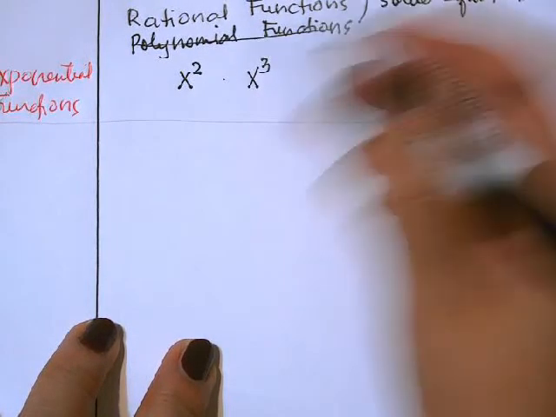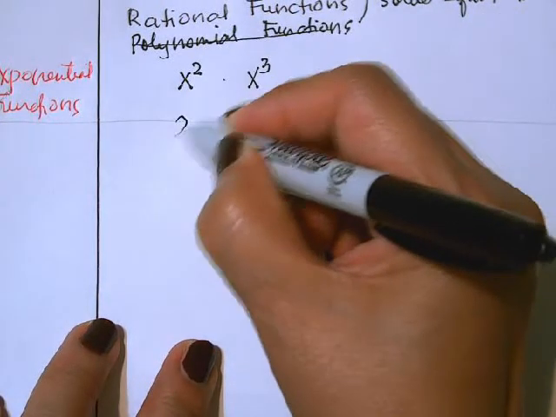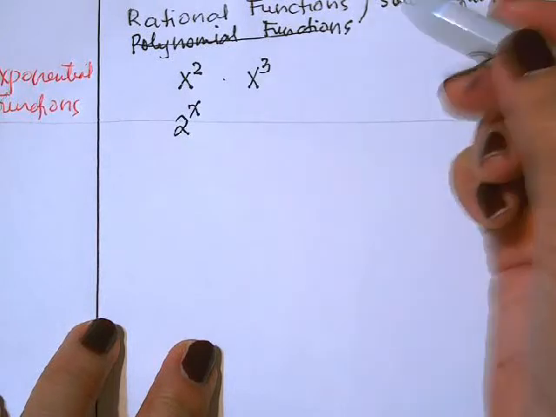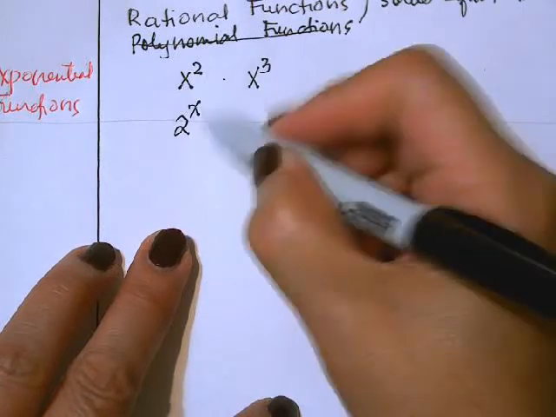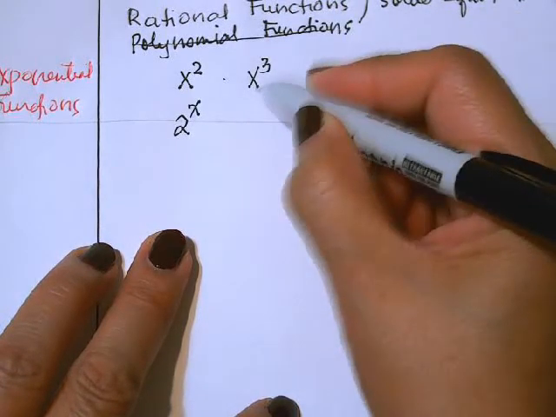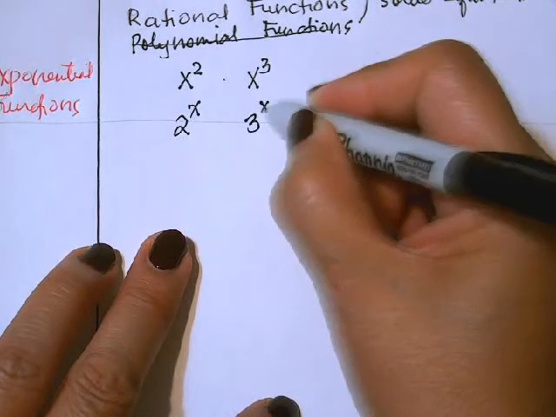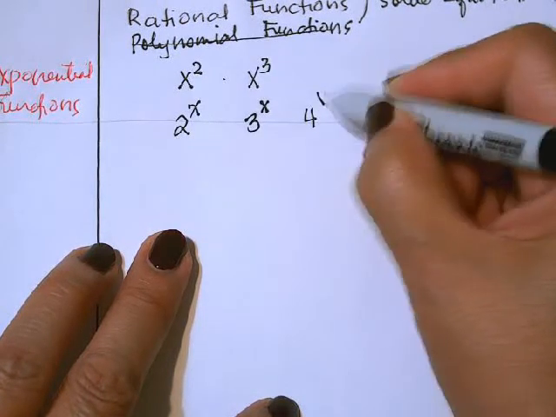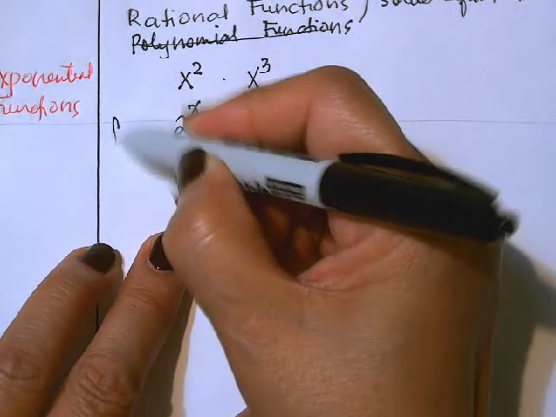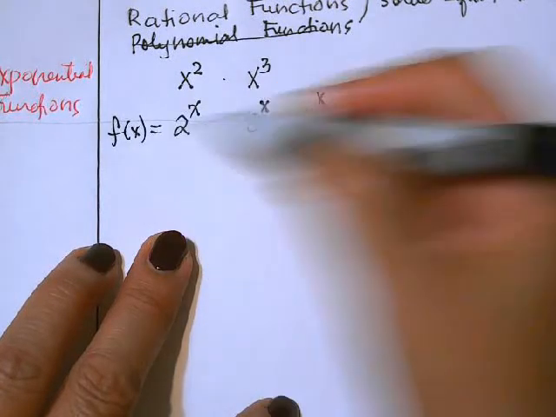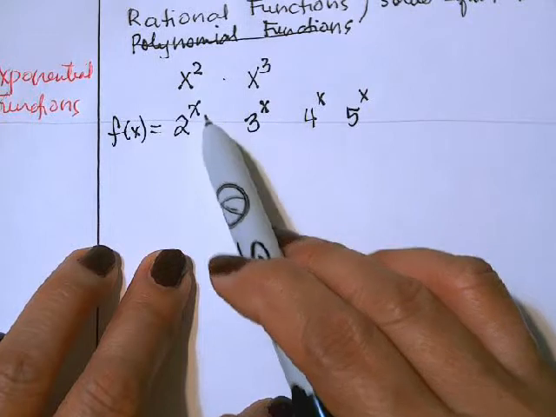That's a parabola. So what we're going to study with exponential functions is this becomes the base and x becomes the exponent. These are exponential functions. This is the base, that's the exponent. So instead of x to the 3, we're going to study 3 to the x, or 4 to the x, or 5 to the x. So that's a y or f of x. This is the base and the exponent is x.